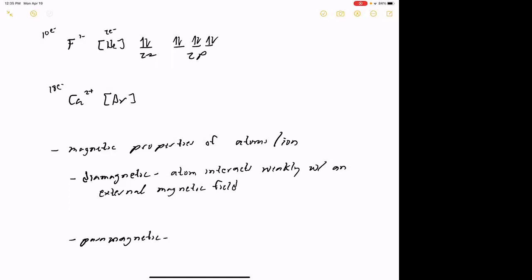What do we look for when something's diamagnetic? We're looking for no unpaired electrons, so all the electrons have to be paired up.